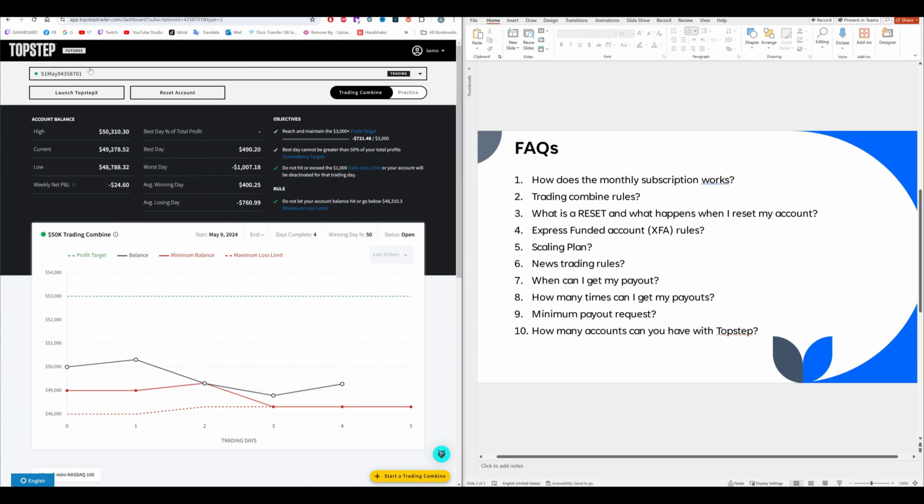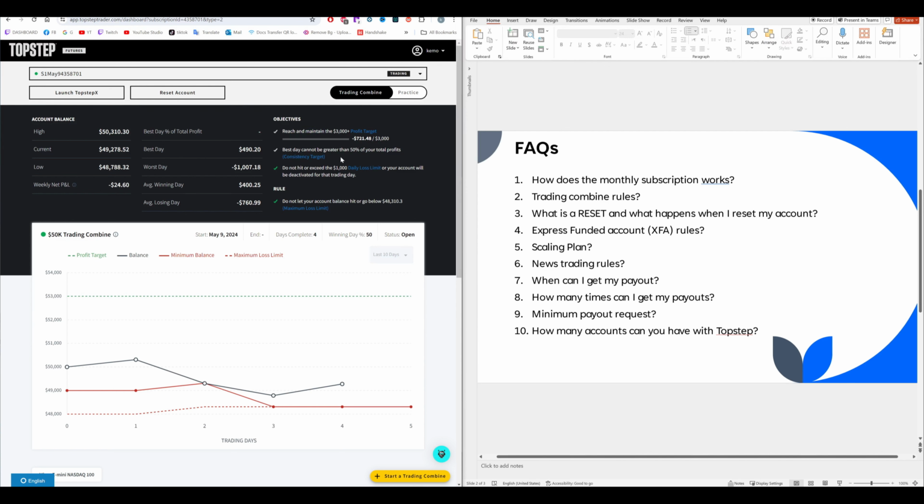I currently have some accounts, as I said, and this is how the dashboard looks for the combine, because this is an evaluation. It shows you the amount that you need to reach, which is $3,000 because this is a 50k account. It shows you the profit target, and it also shows you the consistency target.